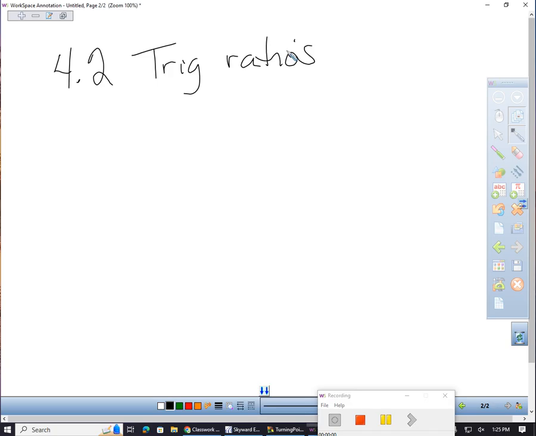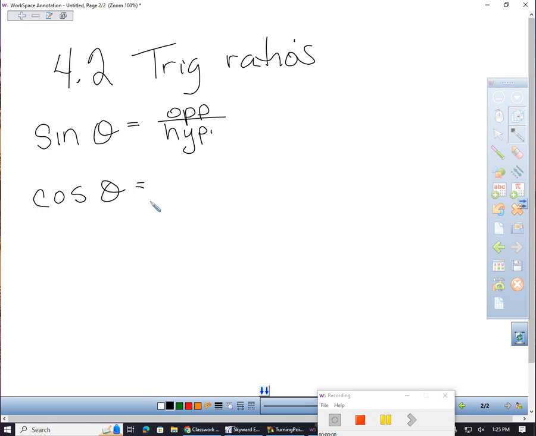Okay. So first of all, SOHCAHTOA starts off with the sine of theta equals opposite over hypotenuse. I'm going to abbreviate it that way. The second one in SOHCAHTOA was cosine of theta, which is adjacent over hypotenuse.